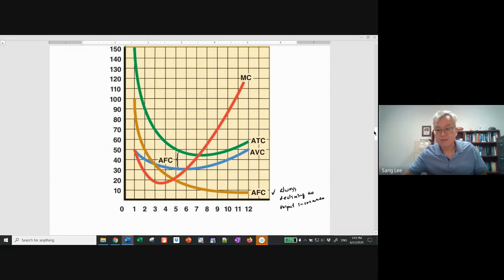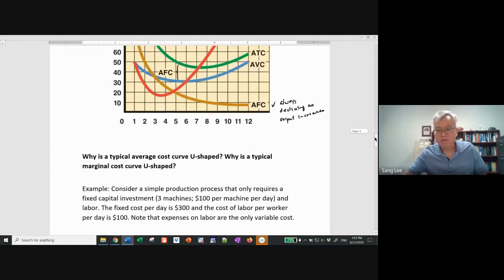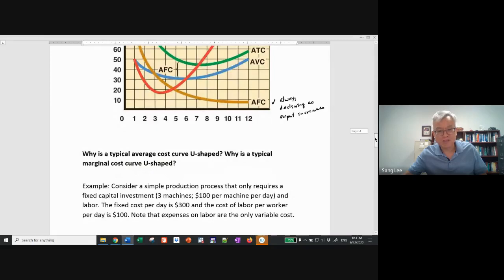Okay, so then here we're going to ask a very interesting question. Why is a typical average cost curve U-shaped?